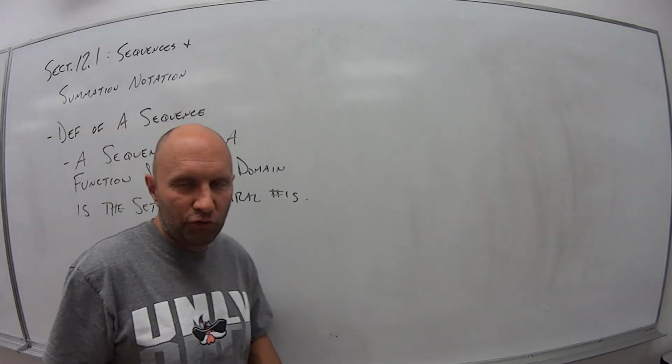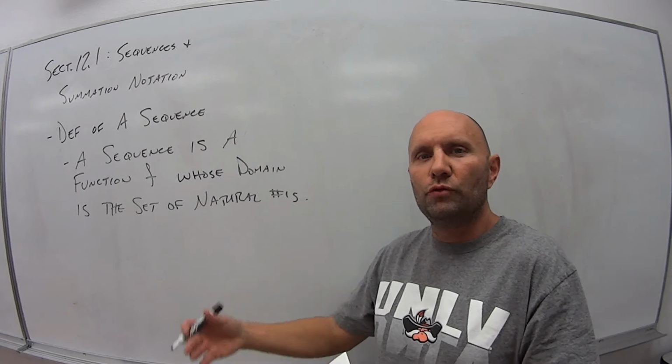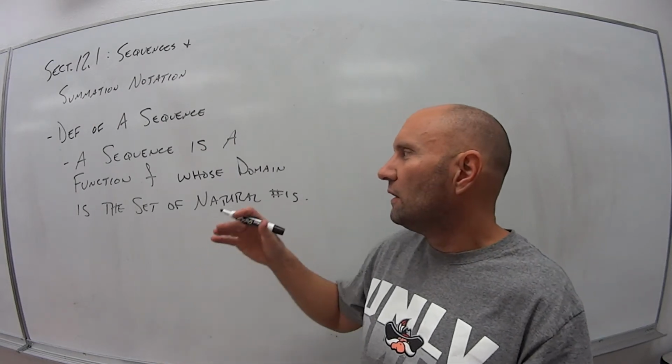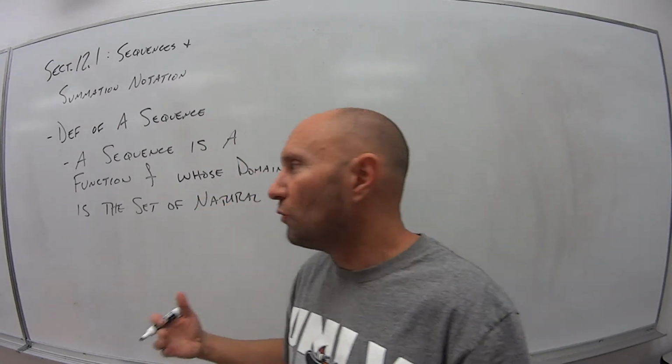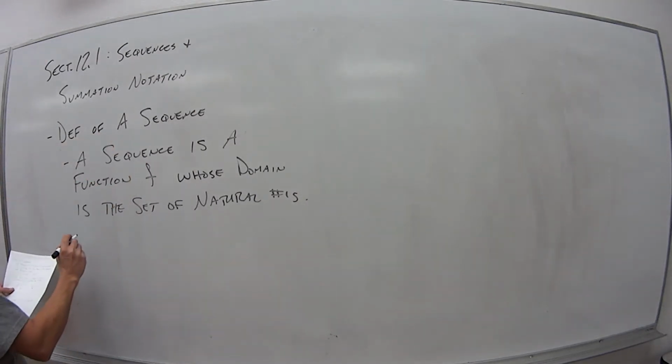So our natural numbers are what? Those are our counting numbers. So 1, 2, 3, 4, 5. Those are going to be the values of our domain, the values that we're plugging into these functions.